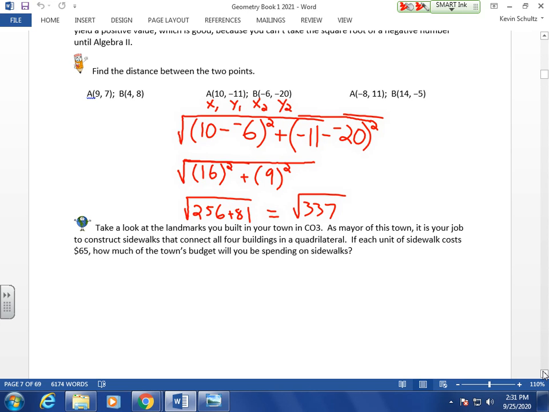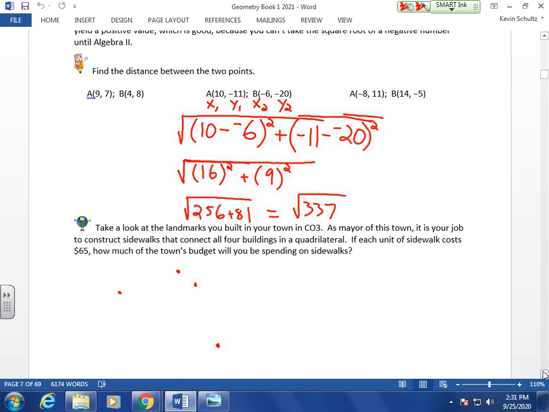Other questions? Okay. So your homework is to practice this with the other two, the first and the third one there. And then the real world situation here says, take a look at the landmarks you built in your town in CO3. So back to CO3, I think they look something like we had one here, one here, one over here, and one up here somewhere.